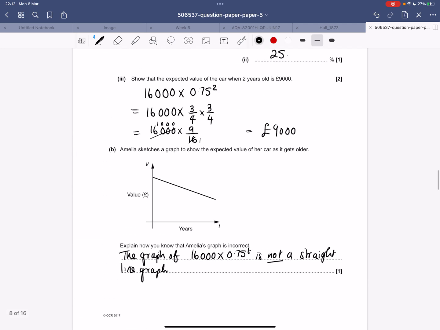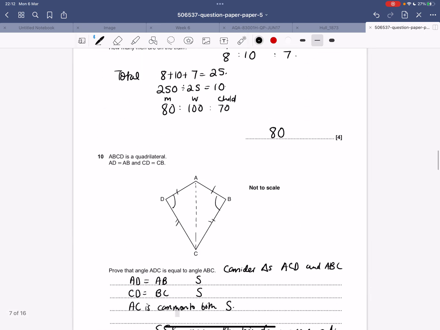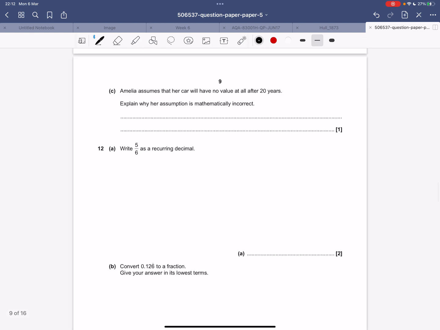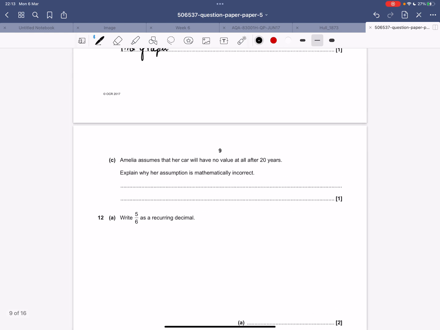These cars will always have some value, even if it's just the scrap value. 16,000 times 0.75 to the power 20 is what the value is going to be after 20 years.